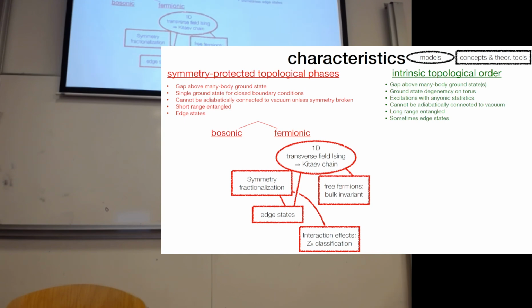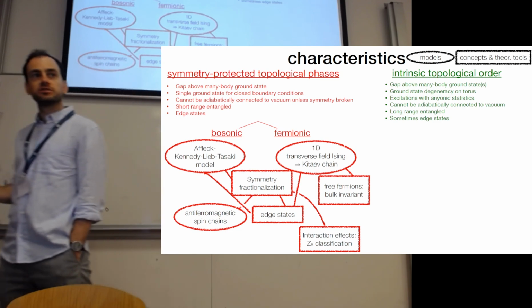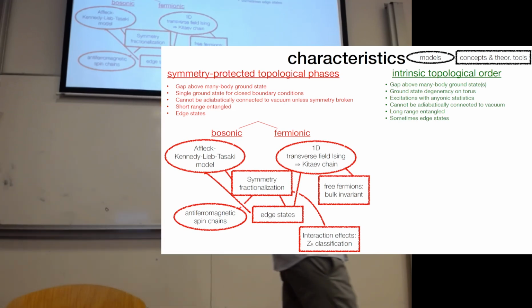Then we switched from fermionic to bosonic, and we discussed antiferromagnetic spin chains, and in particular we discussed the AKLT model, which is a soluble model for a spin-1 chain with somewhat weird interactions, including fine-tuning between the Heisenberg antiferromagnetic interaction and the biquadratic interaction.